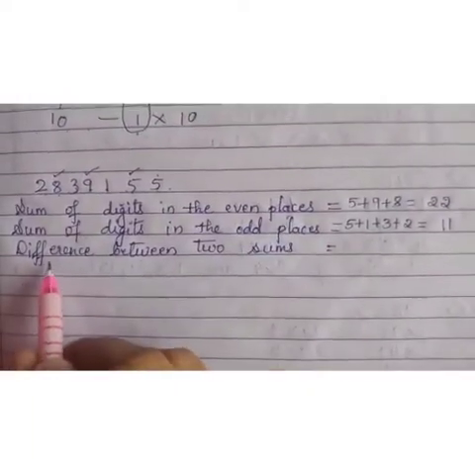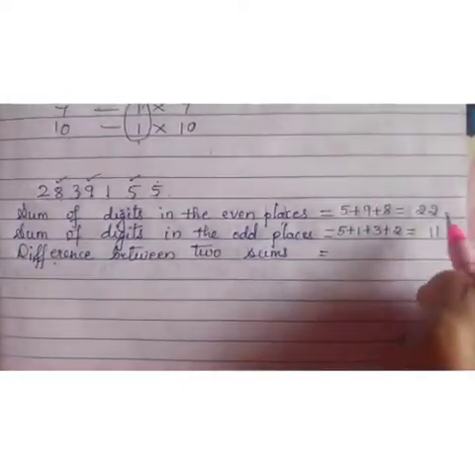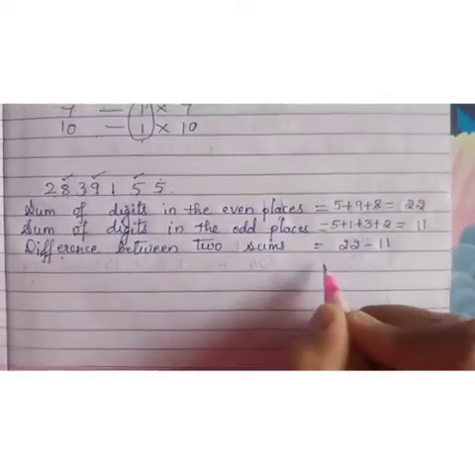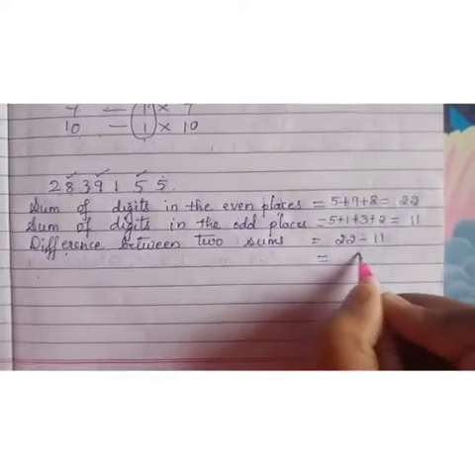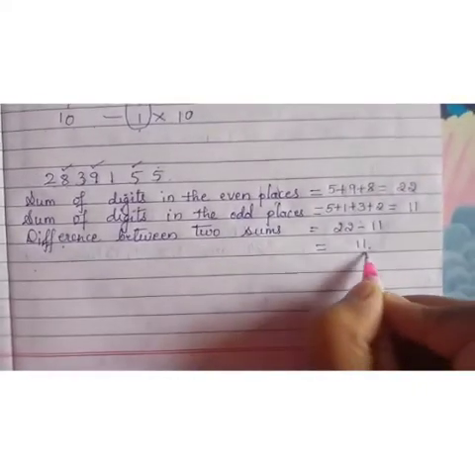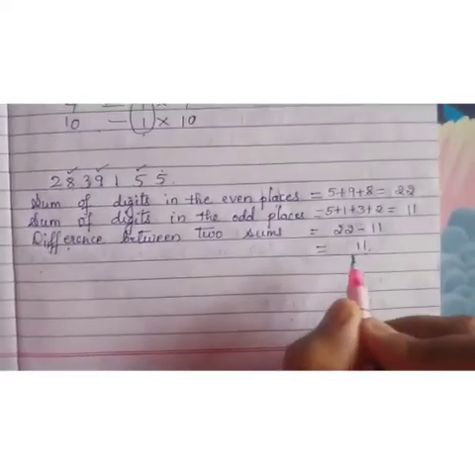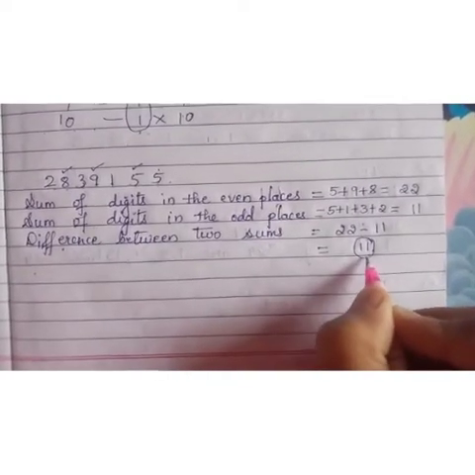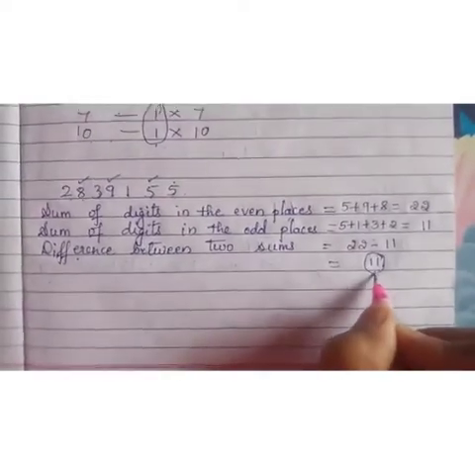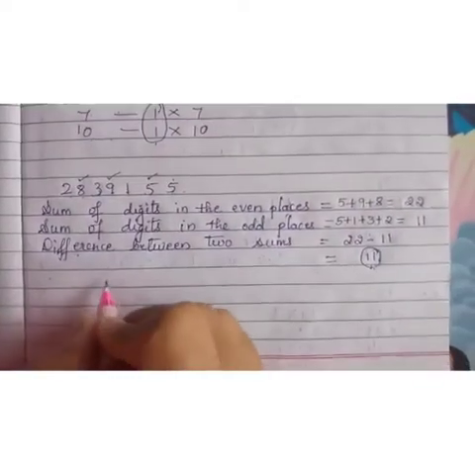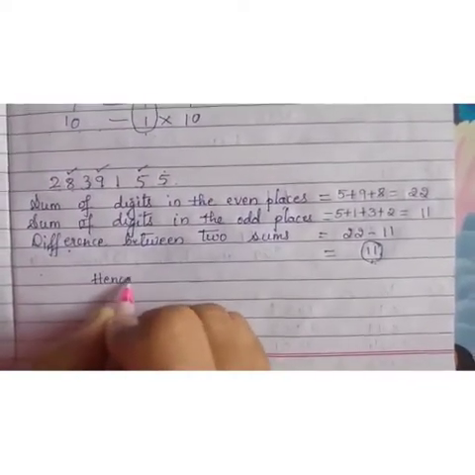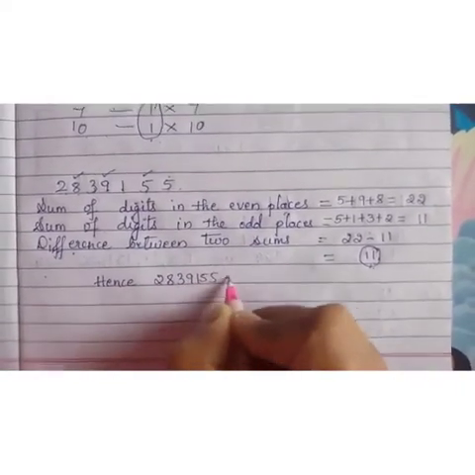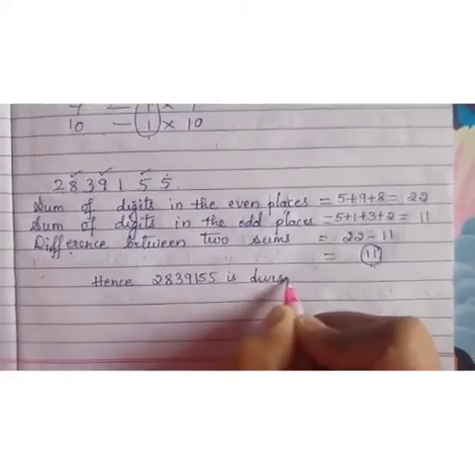Next step, find the difference between the two sums. So 22 minus 11, you get the answer 11. Is 11 acceptable? Yes. To check divisibility, the answer should be a multiple of 11 or 0. We got 11. Hence, you can say the given number 2839155 is divisible by 11.